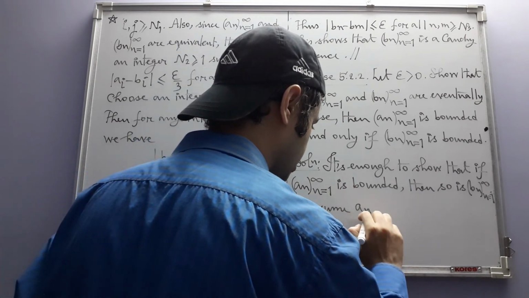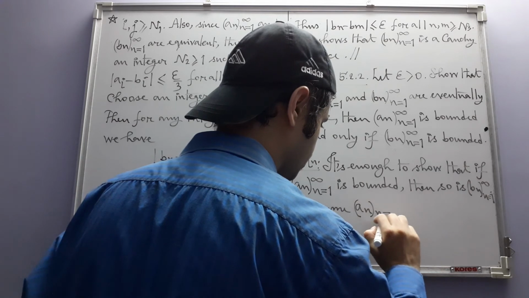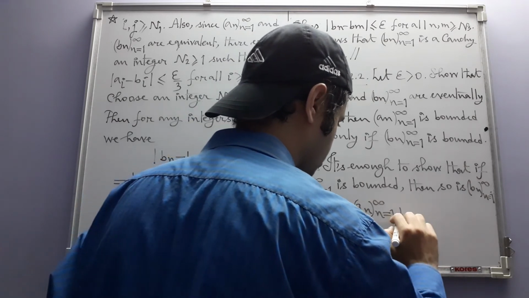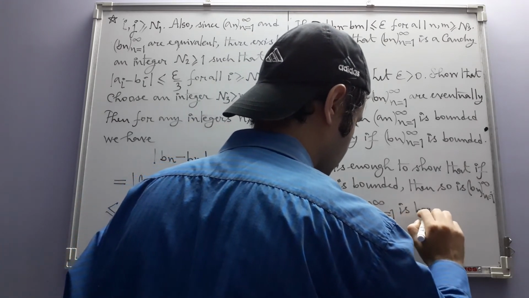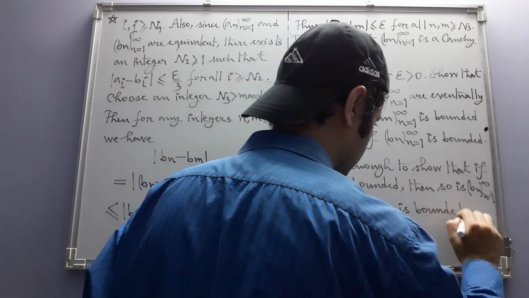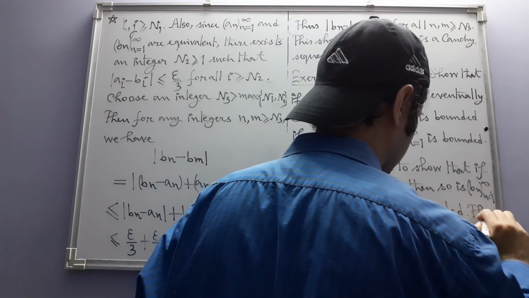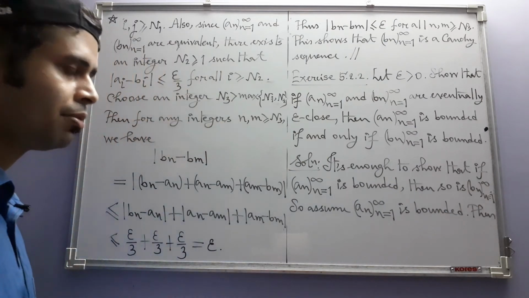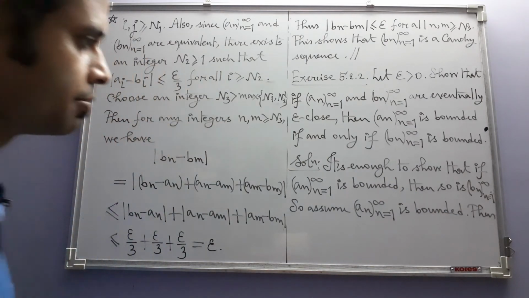So assume an is bounded. Then it will be bounded by some non-negative rational number.